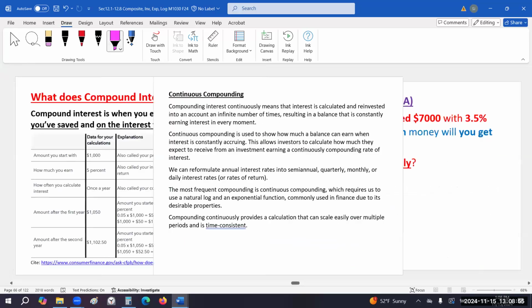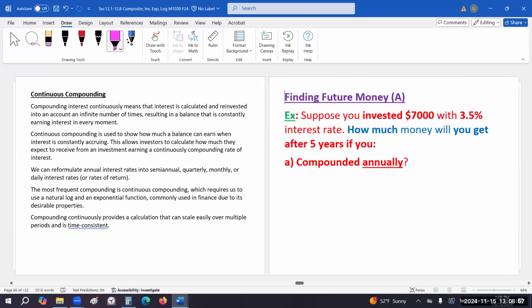Now the first scenario: everything is given except for the final amount. So here is an example. Suppose you're investing $7,000 with interest rate 3.5%. How much money will you get after 5 years if you compound annually?